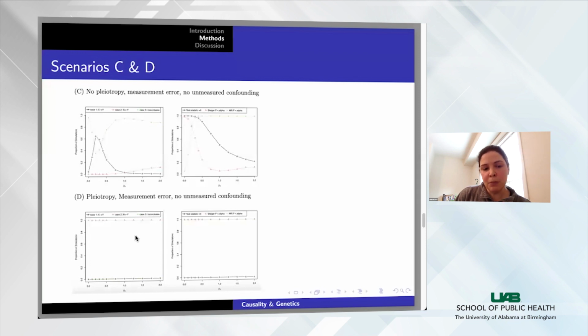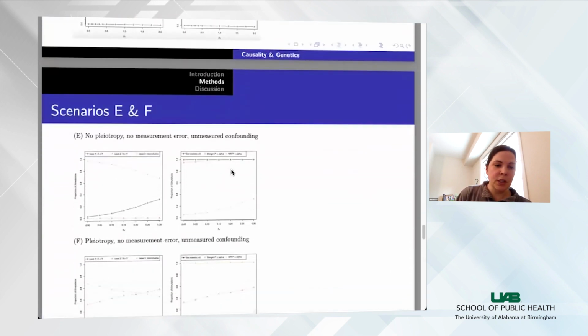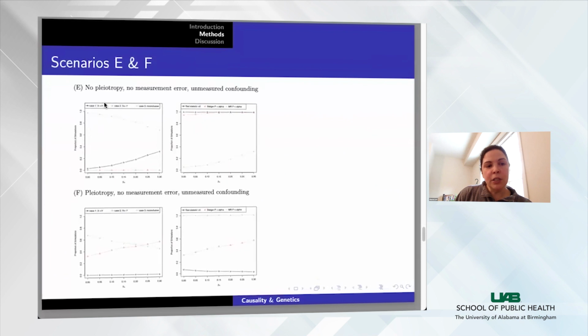For pleiotropy with measurement error and no unmeasured confounding, it's mostly returning the wrong effect direction. Then here with no pleiotropy, no measurement error, and unmeasured confounding, it's mostly returning the right direction if something other than inconclusive. But mostly, as you can see here, it's saying the results are inconclusive. It just can't tell if X is causing Y or not.